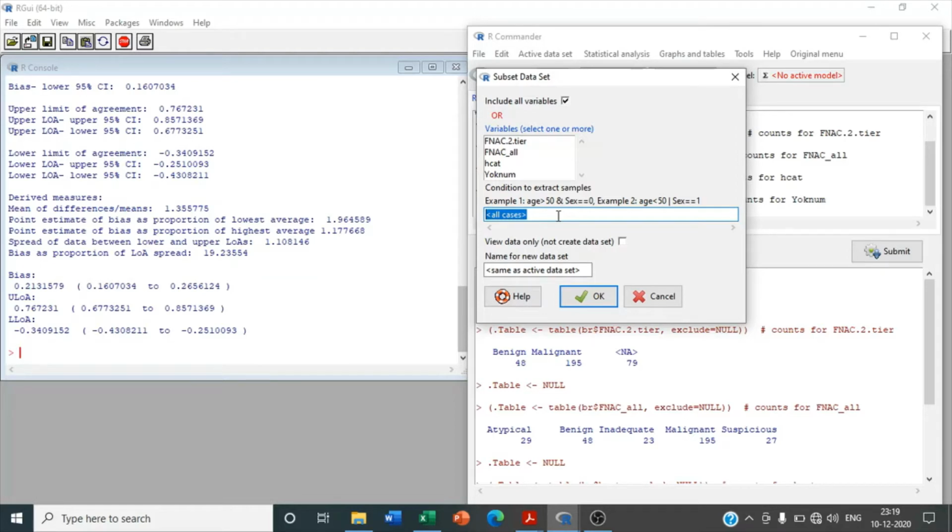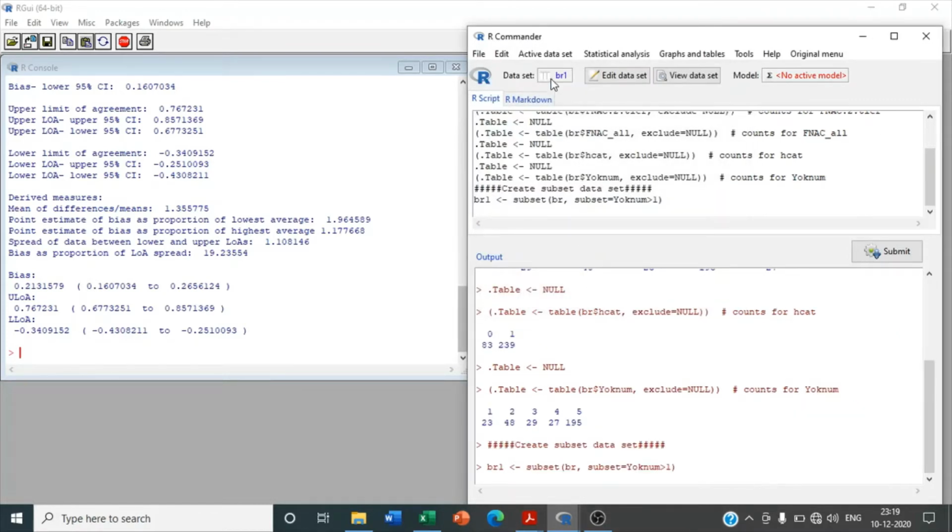So we have to exclude all inadequate cases, that is, all cases coded as 1 in Yocnum. In the new data set, we will be keeping all cases which are greater than 1. So 2, 3, 4, 5. And let us name the new data set, say BR1.